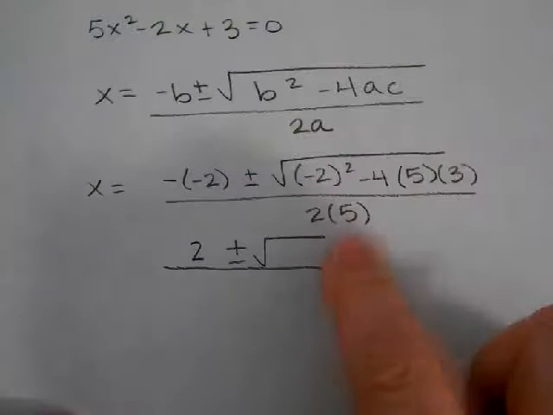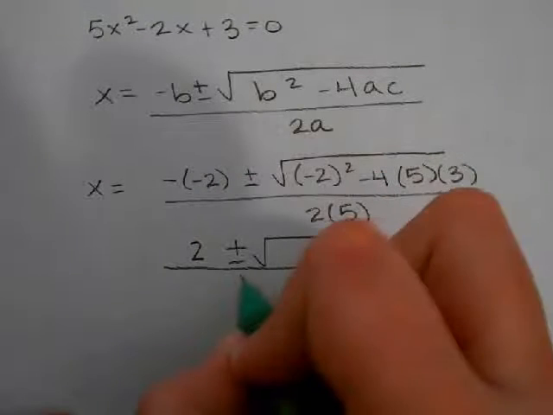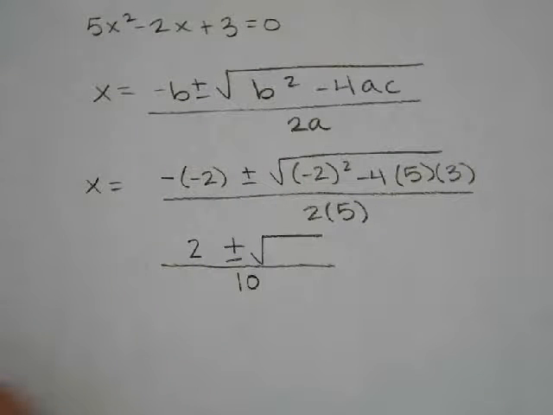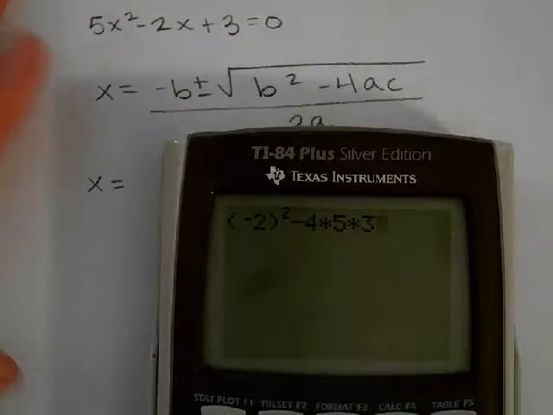And the 2a is 2 times 5, so that's 10. And then we just have to figure out what our discriminant is. So we have negative 2 squared minus 4 times a times c.